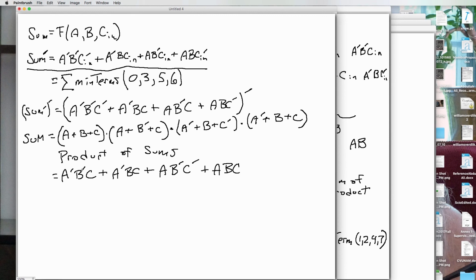So you can see here, and remember, this is product of sums, this is sum of products. The point here is I have two different ways of writing exactly the same thing. Okay? And in general, I can do that for any Boolean function I like.